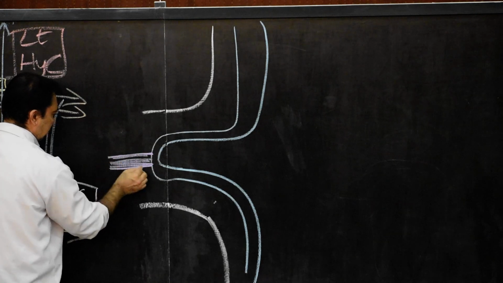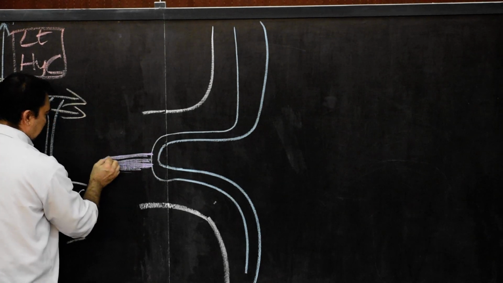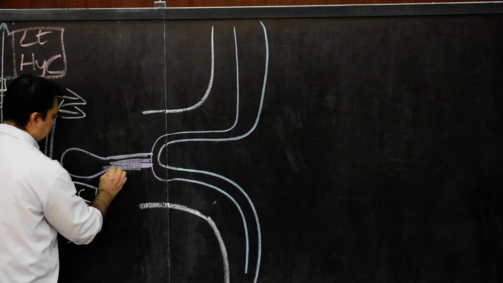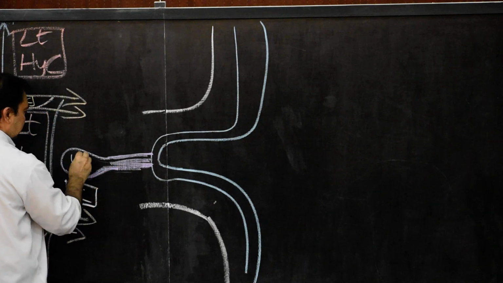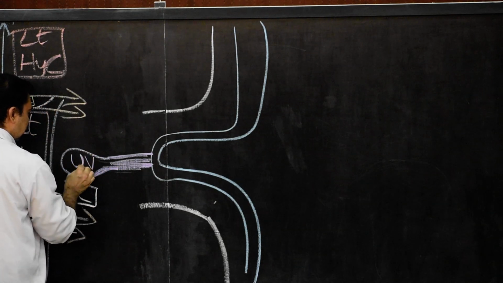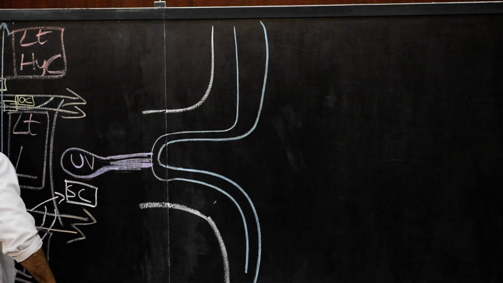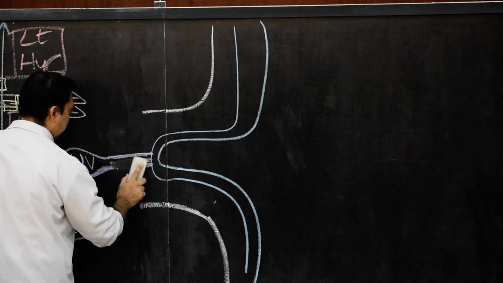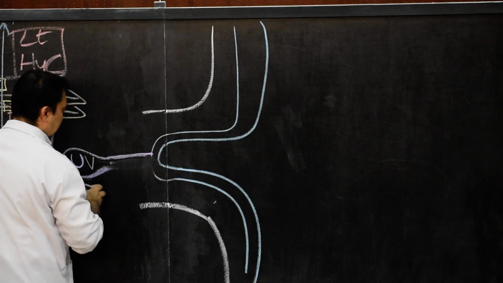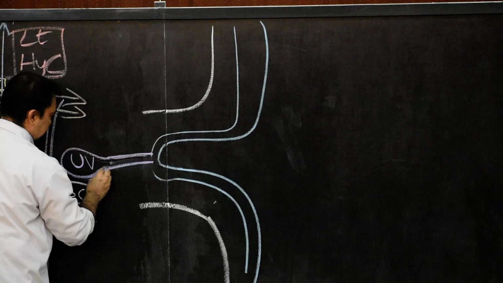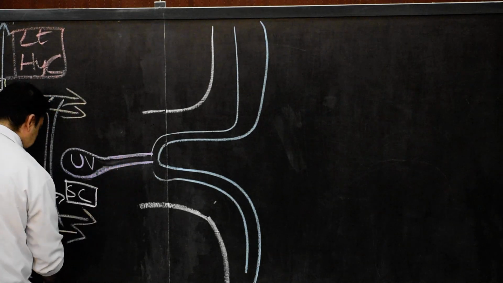This is the vitellointestinal duct, and it will connect with the umbilical vesicle. This is the umbilical vesicle which is present within the umbilical cord. If you draw this structure in the form of a tube, it will be known as the vitellointestinal duct.